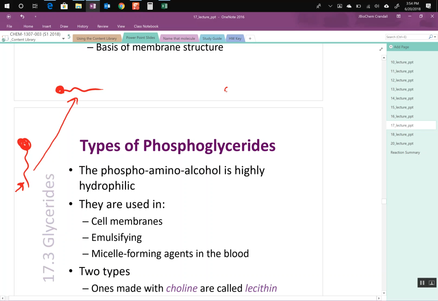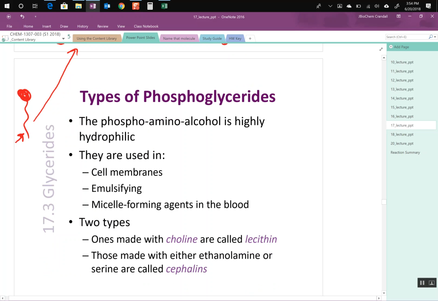So if you had a bunch of these around, they would all spontaneously come together. Their nonpolar ends would come together, and the polar ends would go outwards to be around the water, and the nonpolar ends would come inwards away from the water towards themselves so that they would interact with one another. And that would be a spontaneous process, creating that micelle that we talked about, a spontaneous micelle. Okay?